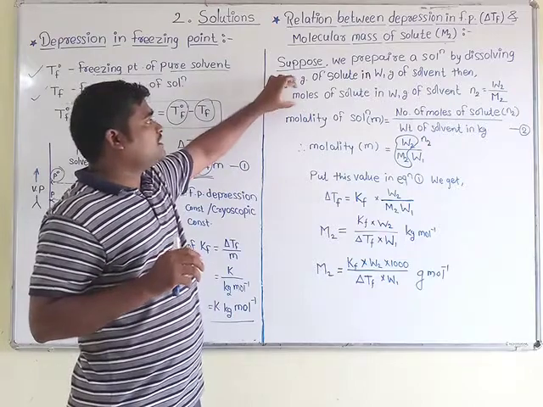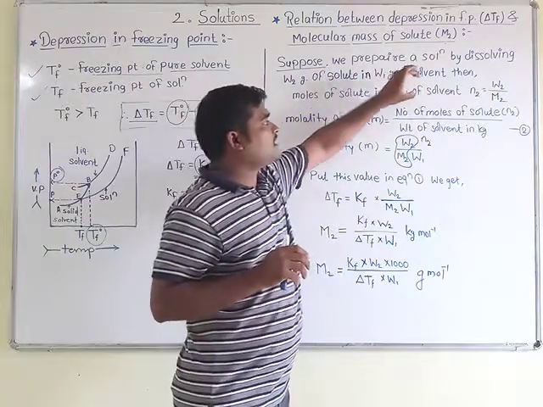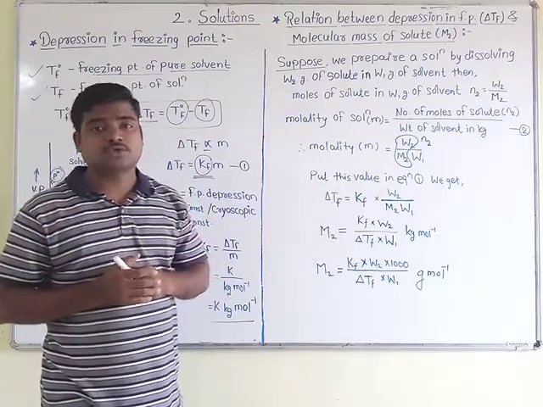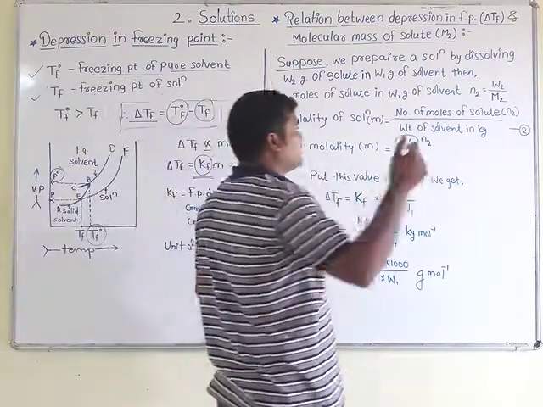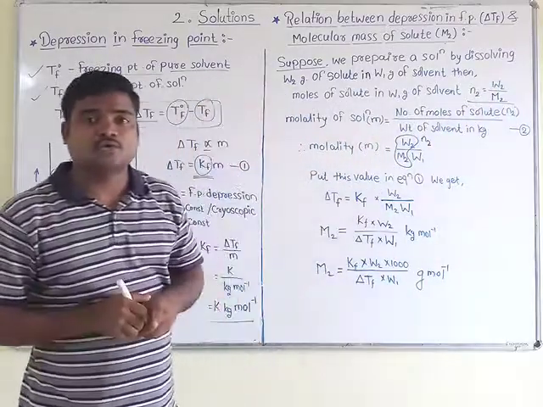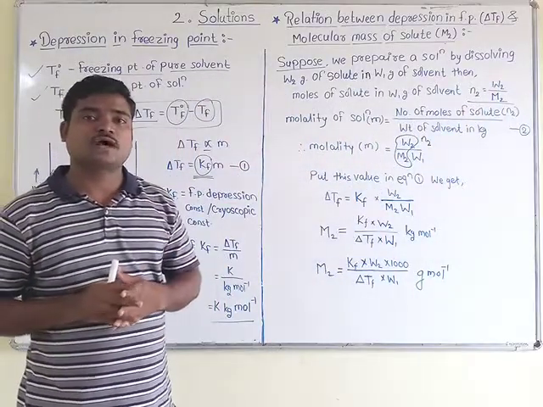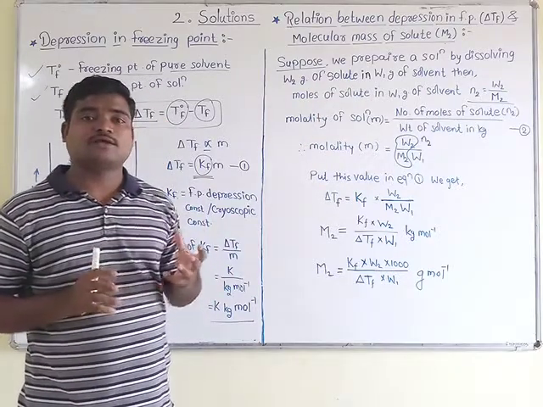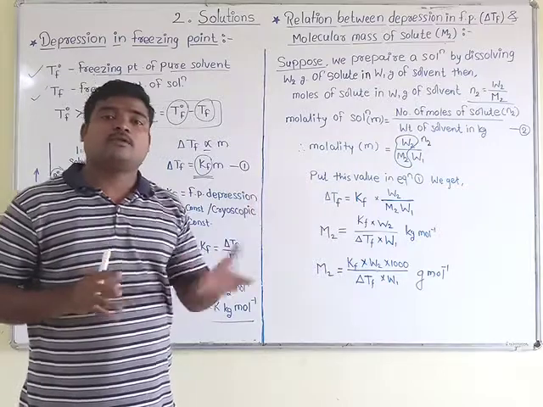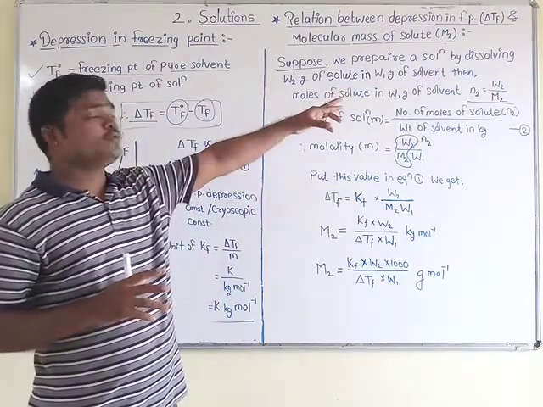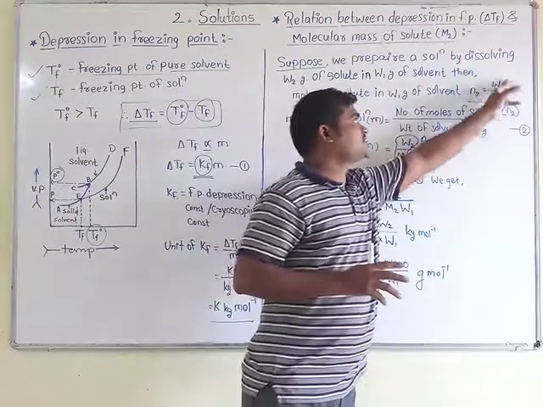Then the number of moles of solute is important here, and we can determine it with the help of this equation. N2, the number of moles of solute, is nothing but the weight of the solute divided by the molar mass of that solute, W2 divided by M2.